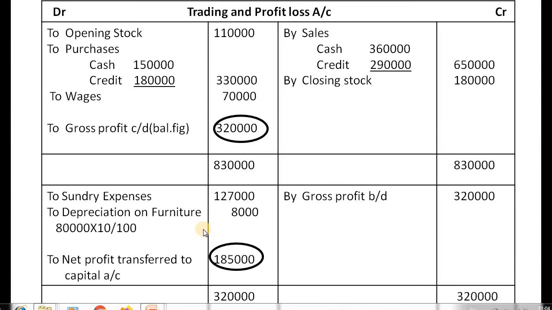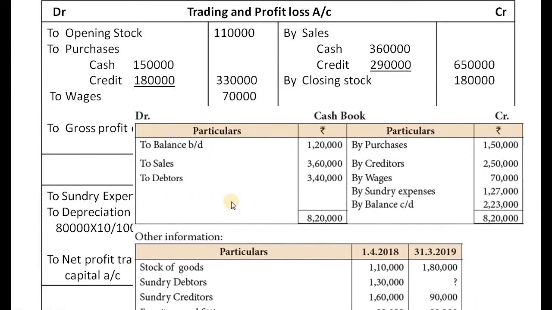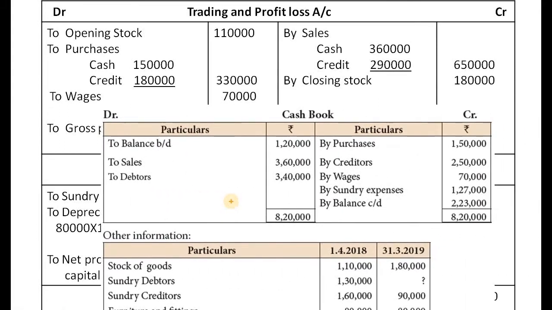Next, we have to proceed with the preparation of the trading and profit and loss account. Here we have a small snapshot of the problem so that we can see the details while we are entering in the trading account.